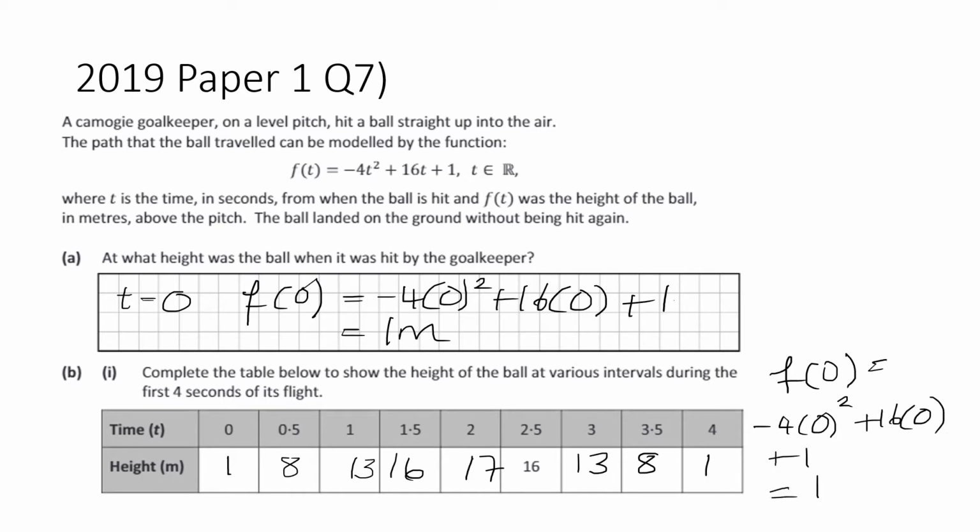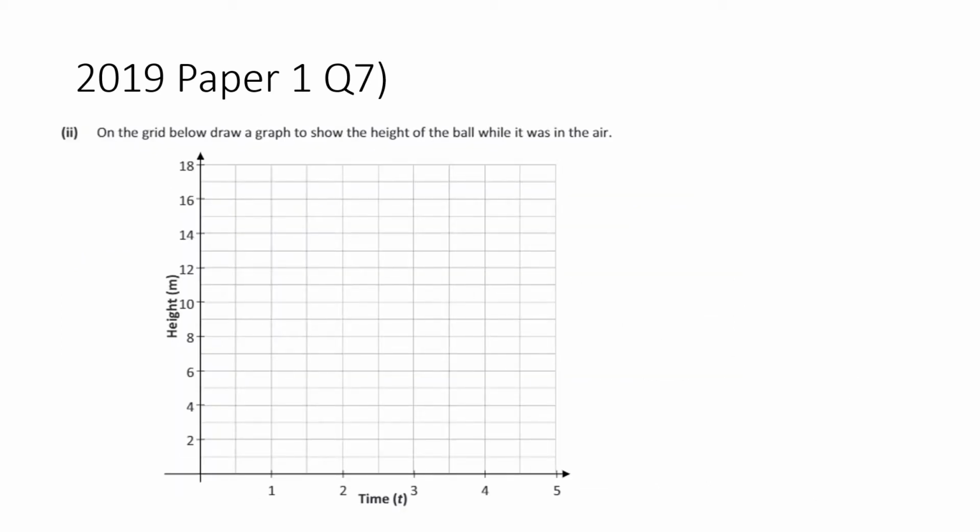You can do it that way for each one, 0.5, then 1, then 1.5, and so on, but using the table function on your calculator is much easier. So 20 marks for that table.